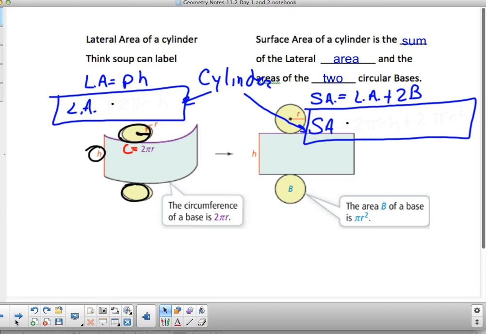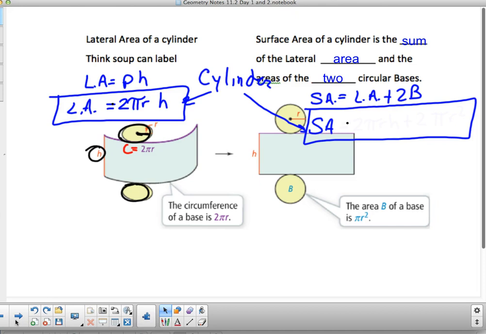But remember, I mentioned that perimeter in a cylinder is circumference. So now we will just have 2 pi r h for LA. You don't even have to write LA is equal to ph, but P, perimeter of a circle, is 2 pi r.